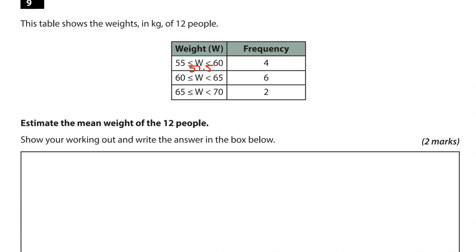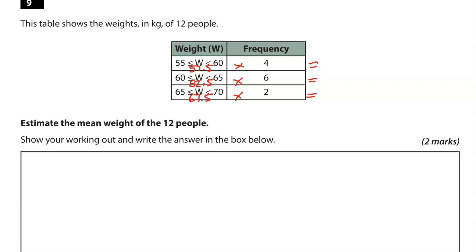Between 60 and 65, halfway through will be 62.5. Between 65 and 70 will be 67.5. Now, we'll multiply by how many there are, which is shown in the frequency column.